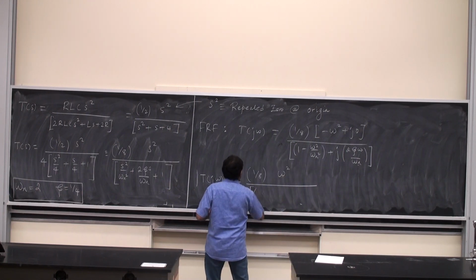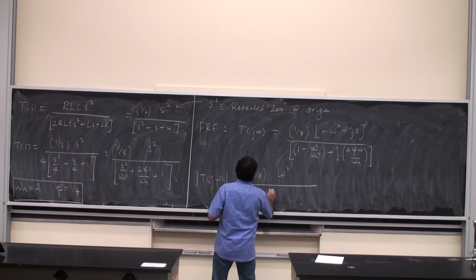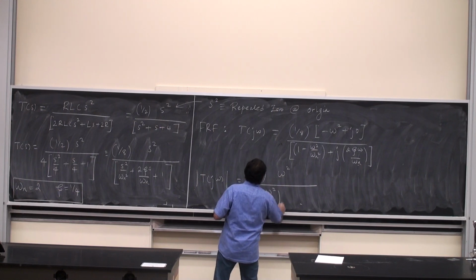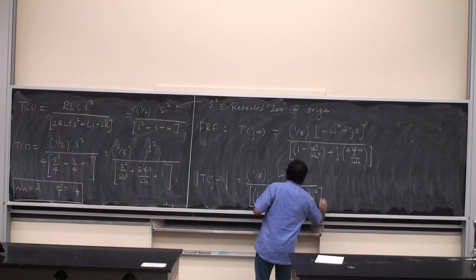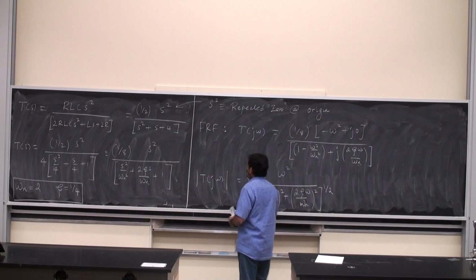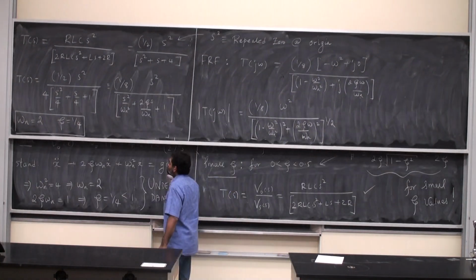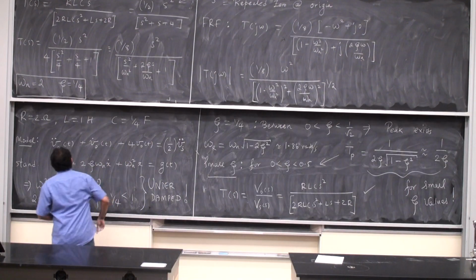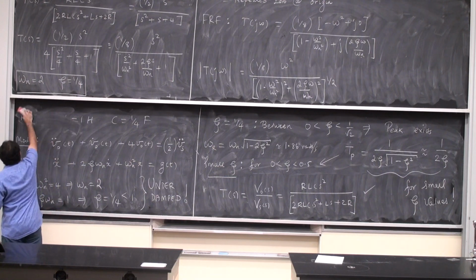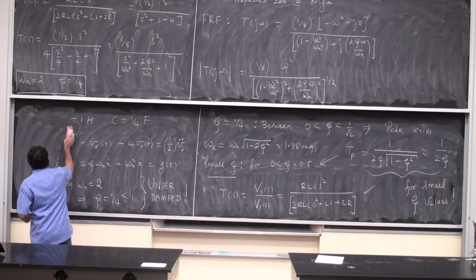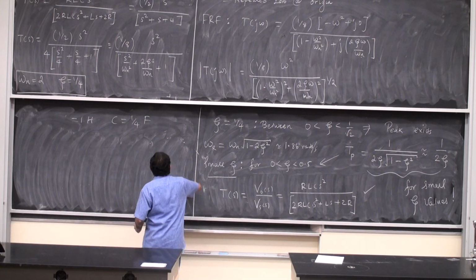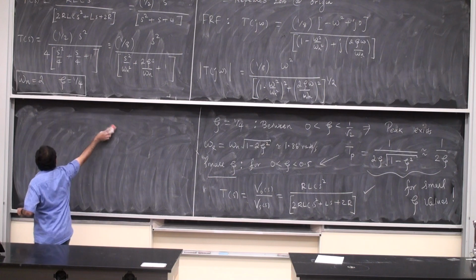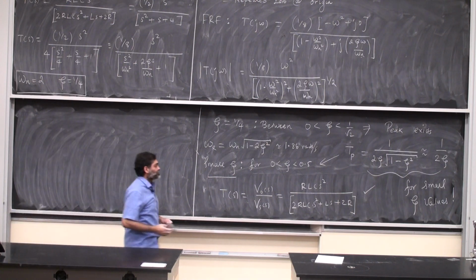And here I have 1 minus omega square over omega n square, whole square, plus 2 zeta omega by omega n, whole square.